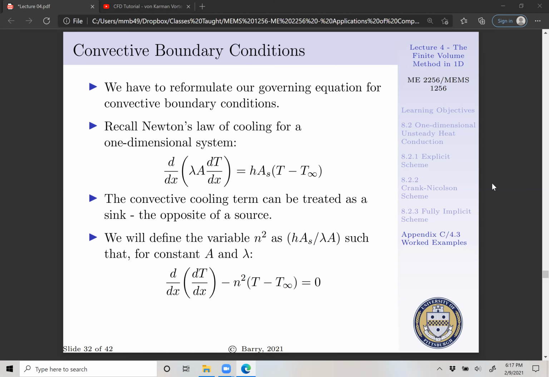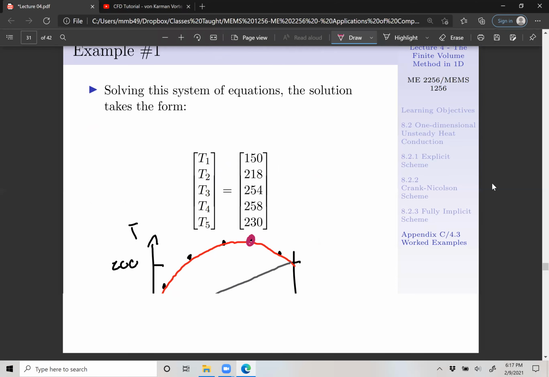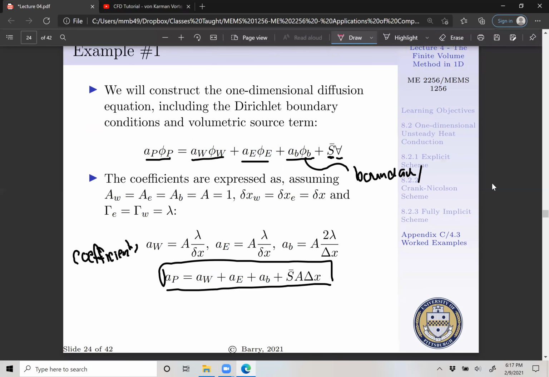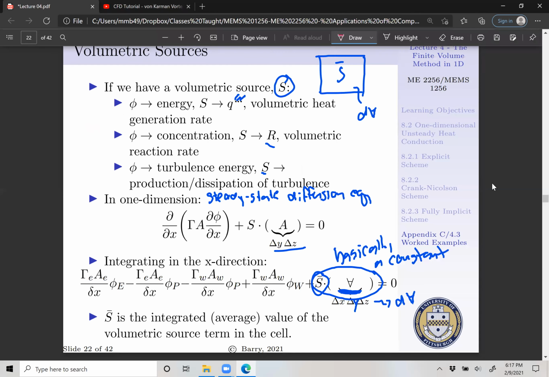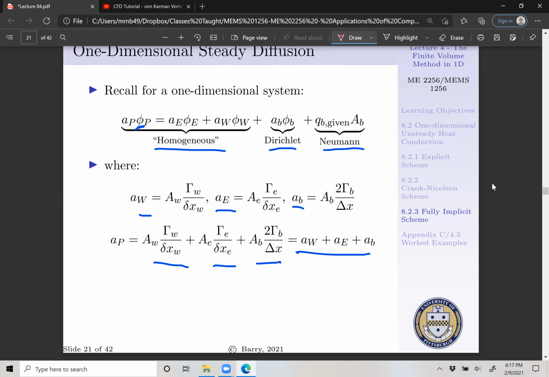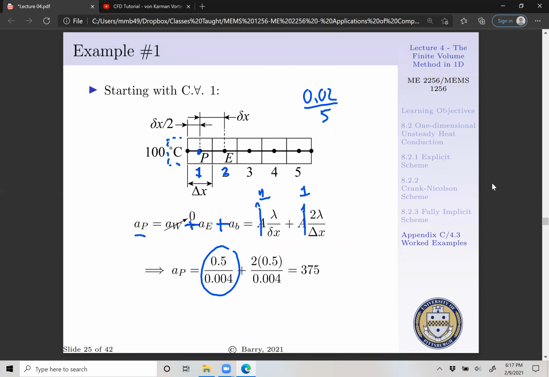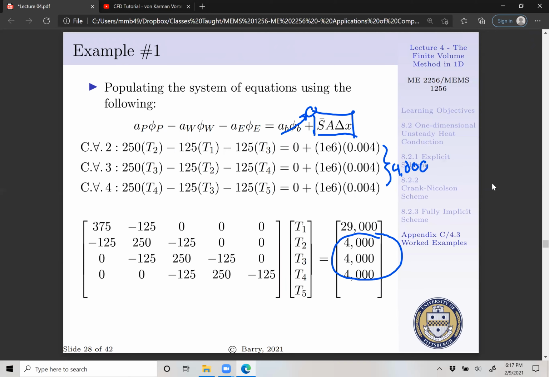We can specify a flux, right? So when we had AB phi, that's for Dirichlet. And then we can have our given flux, Q, at our boundary, times the area of our boundary to handle our Neumann or our convective boundary conditions. So we did that a little bit previously.